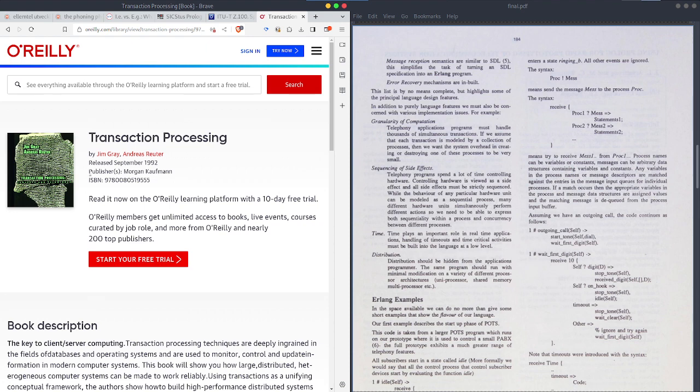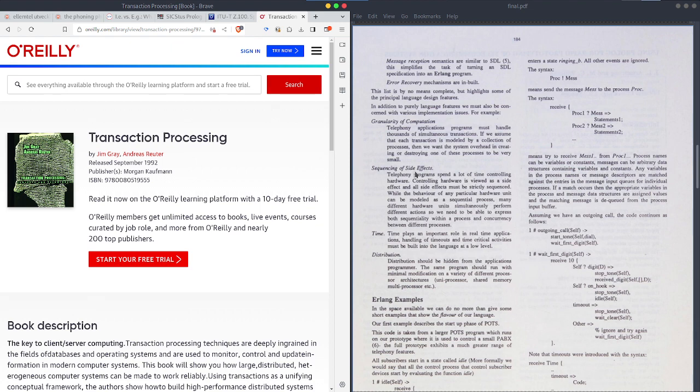If you have time to read it or buy it, I think it's quite expensive, like $60 or something like that, but it's really interesting. When you read it, every chapter will describe some transaction model, and at the end of every chapter, you will have a feeling that this book is a description of Erlang. That's crazy. So you should definitely read it.